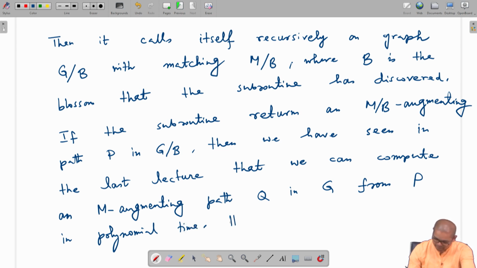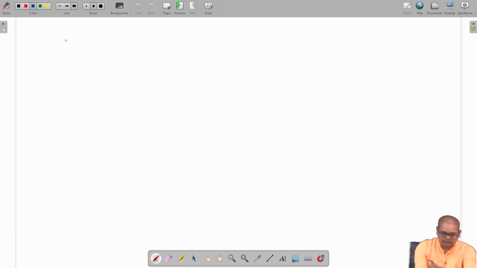Hence, in this case the algorithm or the subroutine is correct.